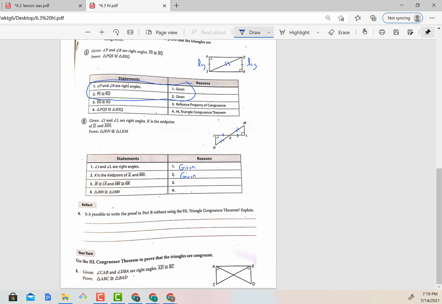And the reason being that, well, think about it. If K is the midpoint of the longer segment, by definition of a midpoint, it's right in the middle. So it's kind of cutting these long segments into two smaller congruent pieces. So those pieces are congruent by definition of a midpoint.